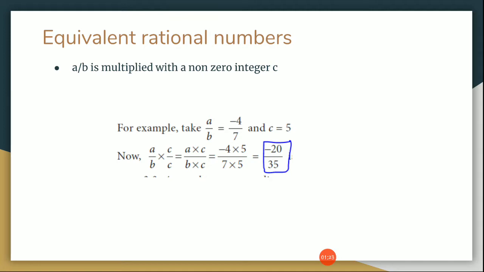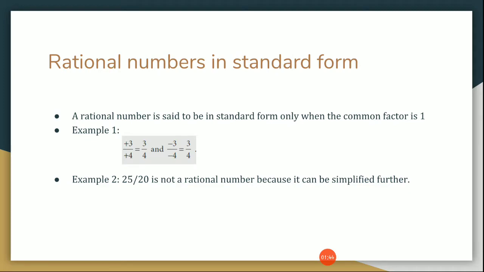Minus 4 by 7 is multiplied and divided by 5, and the equivalent number you get is minus 20 by 35. If you cancel it again by 5, you will get the original number. Hence it is called an equivalent rational number. So to find the equivalent rational number, you are going to multiply and divide with the same number.